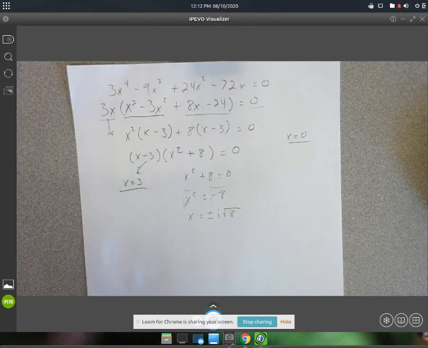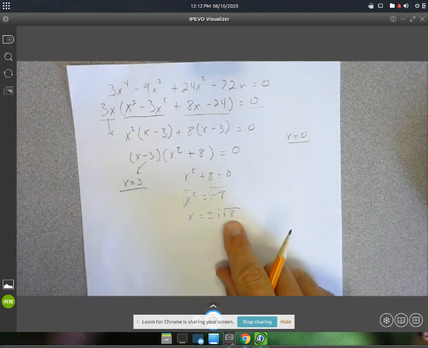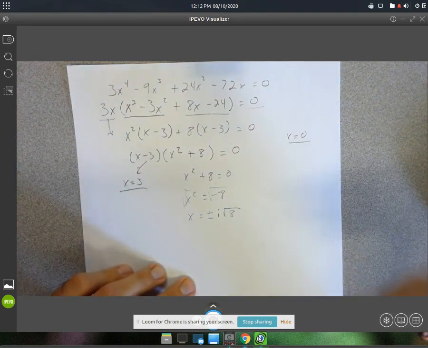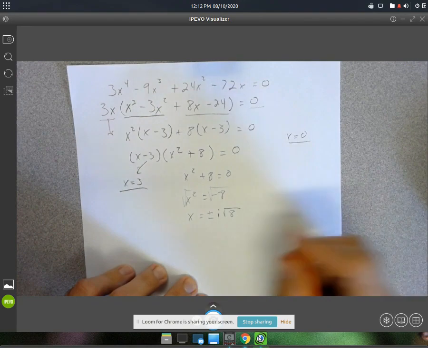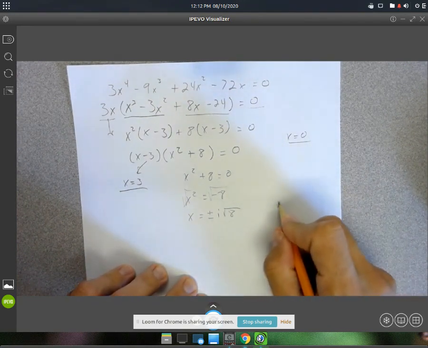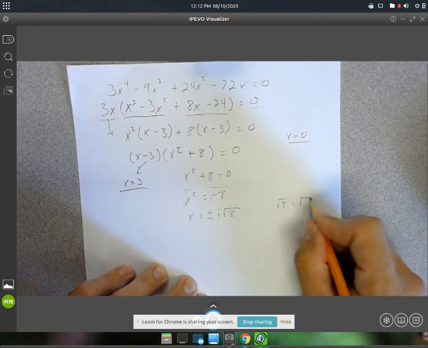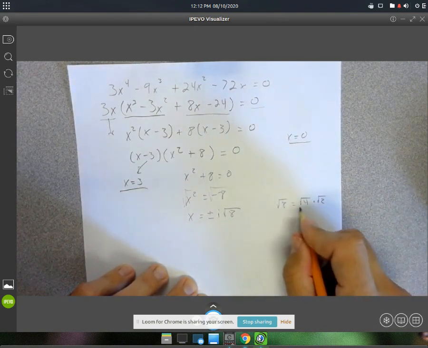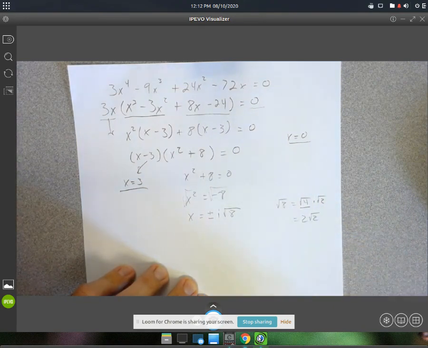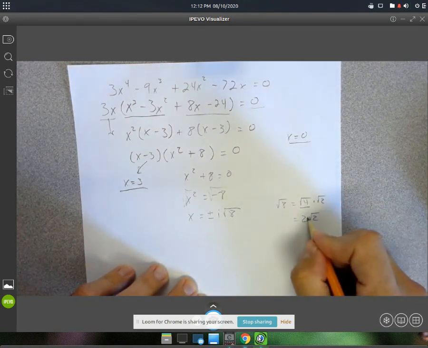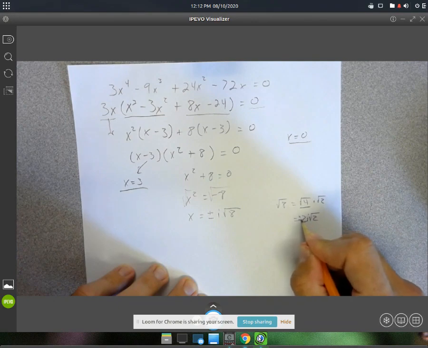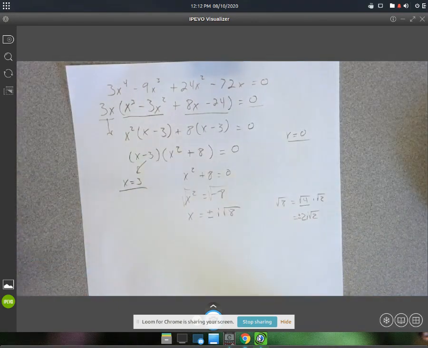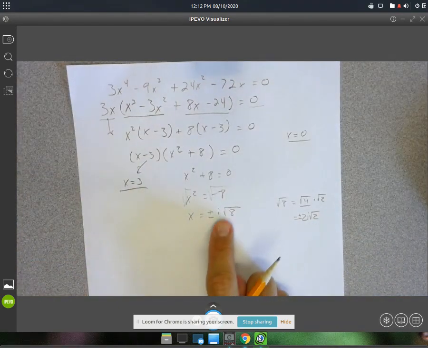You might want to simplify the square root of 8. It's up to you. This could be your answer, or the square root of 8 is equal to the square root of 4 and the square root of 2. So you could have 2 root 2, and you have that i. So plus or minus 2i root 2 if you wanted to do it that way. But this is a good enough answer for me.